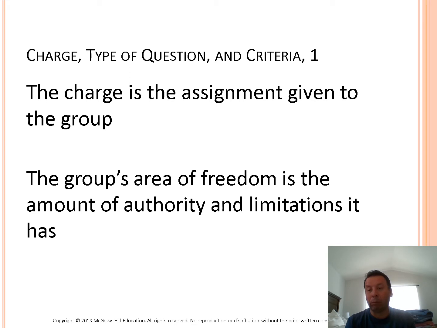All of a sudden, you've been given a limit as to the freedom. You can't just say, oh, yeah, we're going to do it on a Monday and we're going to spend $5,000 and we're going to all go bowling at lunchtime. Well, if Monday's a regular work day, that's not going to fit. So all of a sudden, this area of freedom is really determining what decisions you're going to make.